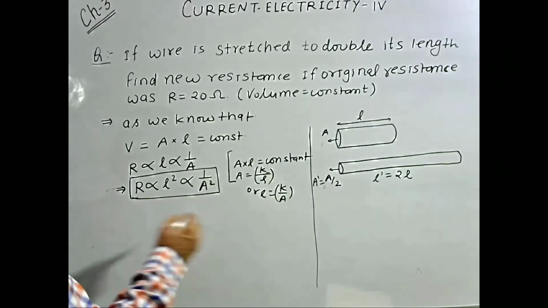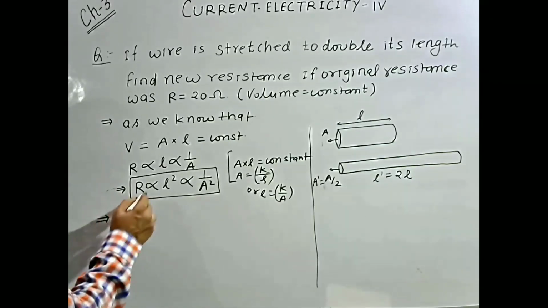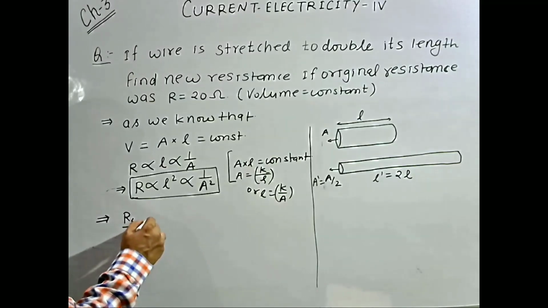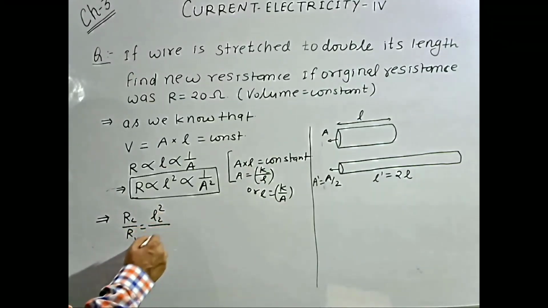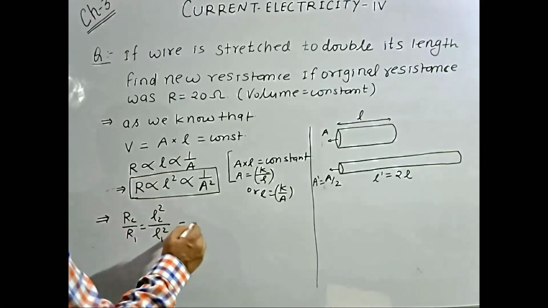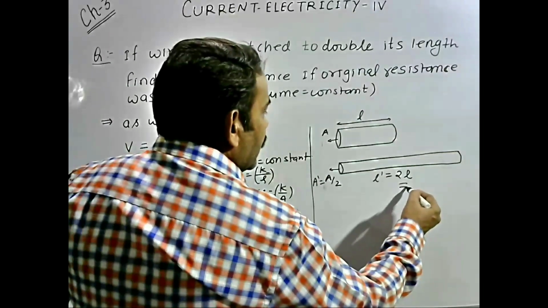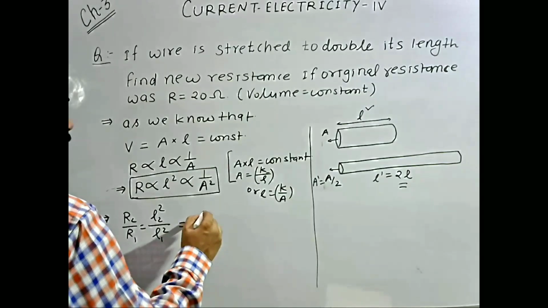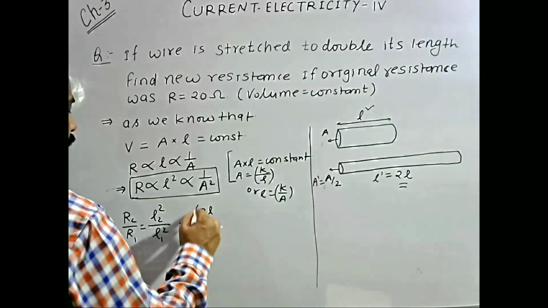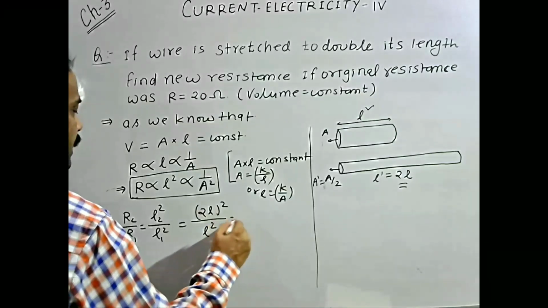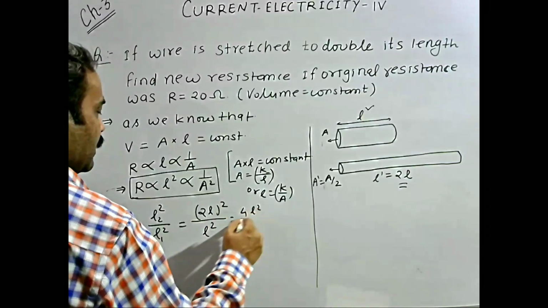Now from this we can write R2 upon R1 equal to L2 square upon L1 square. Now put the values of L2 and L1. L2 is given as 2L and L1 is given as L. So here L2 means 2L whole square upon L whole square. That means 4L square upon L square.